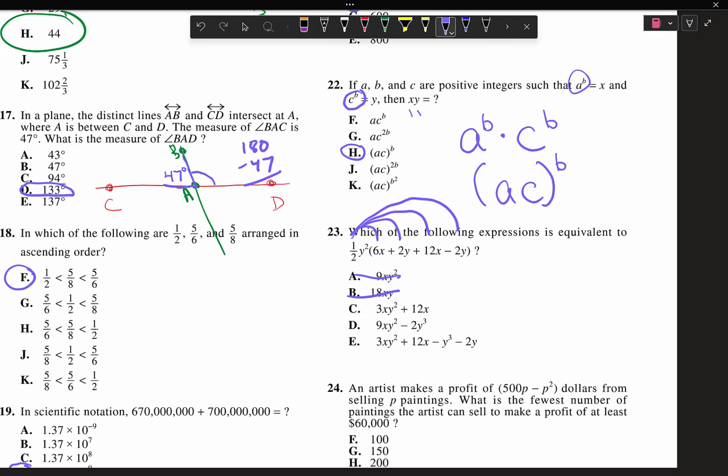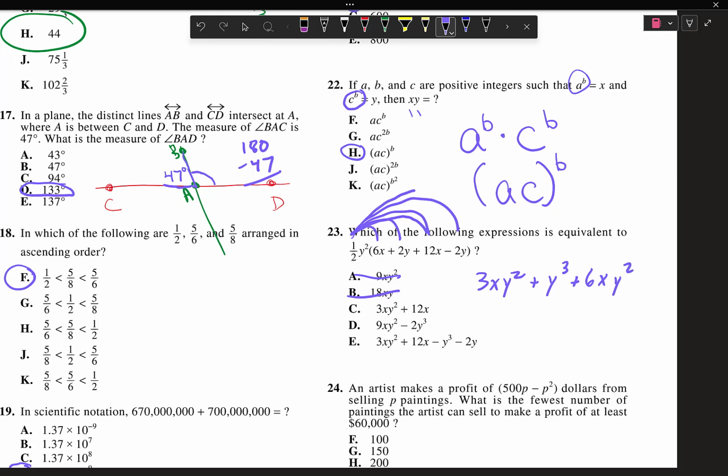So 1/2 y squared times 6x is 3xy squared. 1/2 y squared times 2y is going to be 1 y to the third. 1/2 y squared times 12x is going to be 6xy squared.